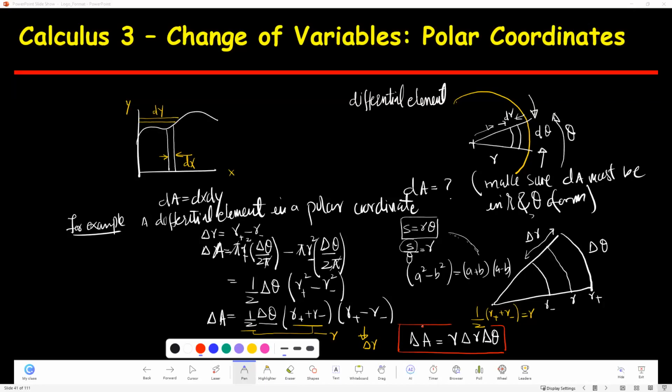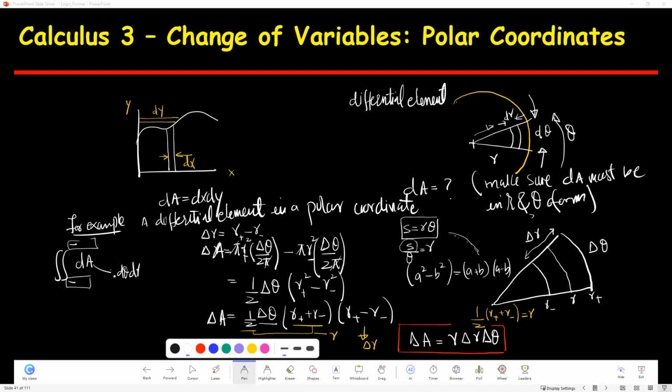So moving forward, every time you see an integral, and you have dA there, if you want to convert these limits into r and theta form, make sure we also convert this delta A into r and theta form. The first impression a student has in their mind is that dA is d theta dr. But don't forget, it's a little bit different.